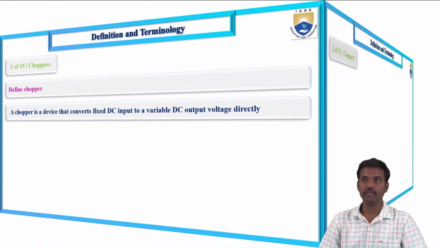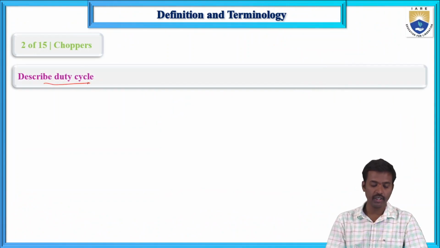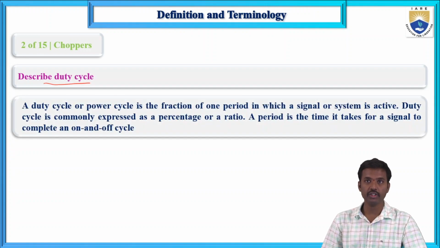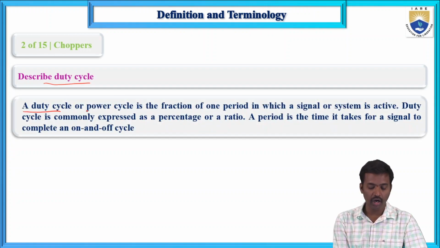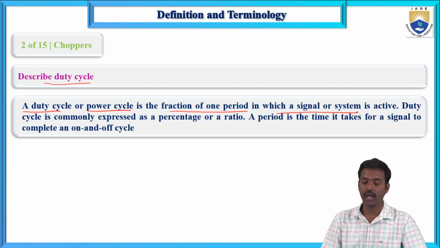Now the second definition: describe the duty cycle, the duty cycle in the chopper. First see the definition. The duty cycle is a fraction of one period in which a signal or system is active. In the chopper, duty cycle is represented with the symbol delta, equal to T on divided by T, the total time period.